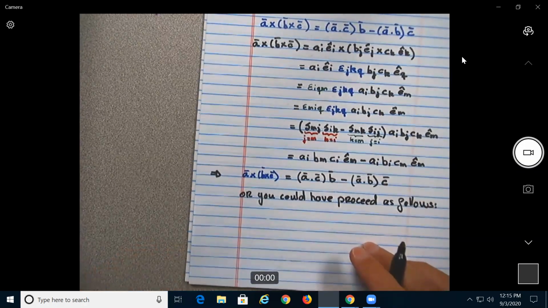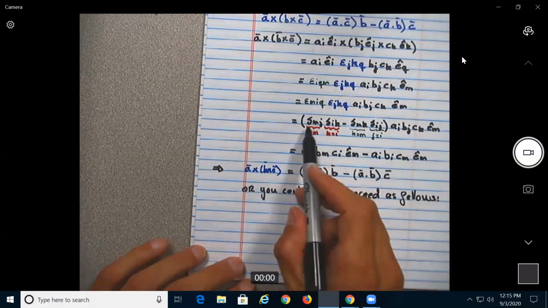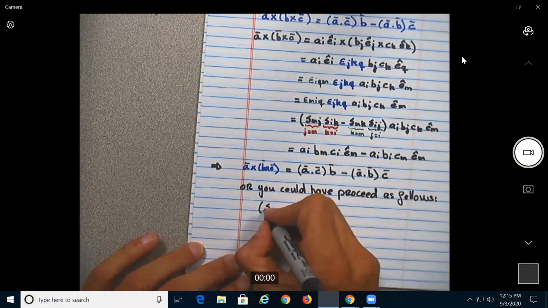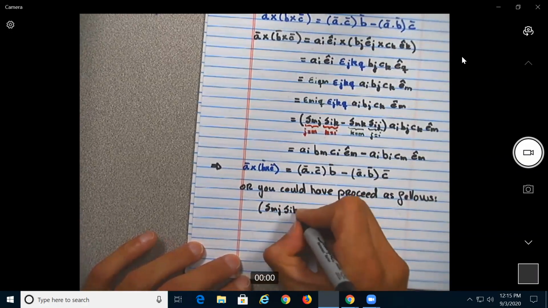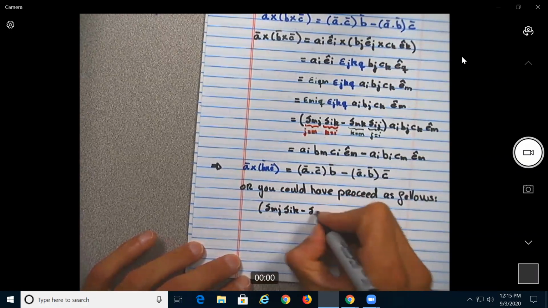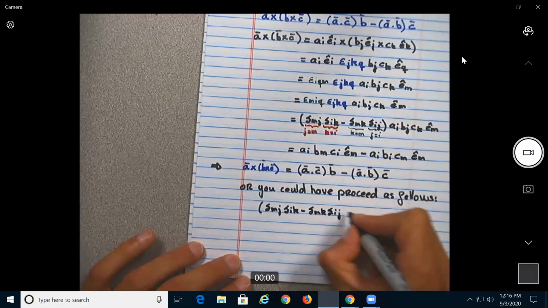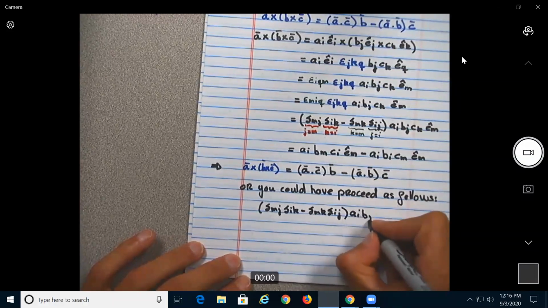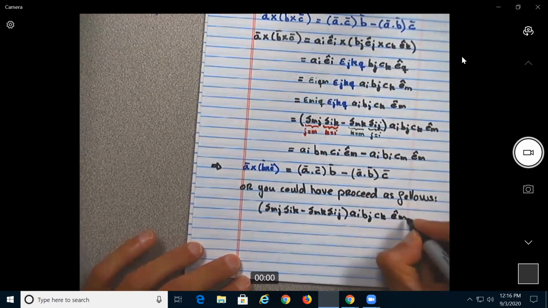So basically, once we get to this line over here, delta mj delta ik minus delta mk delta ij, a sub i, b sub j, c sub k, e sub m.